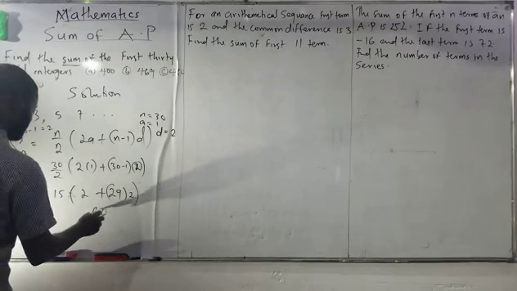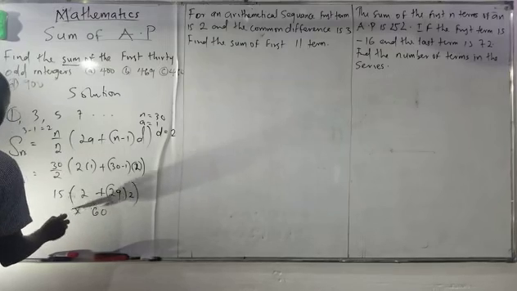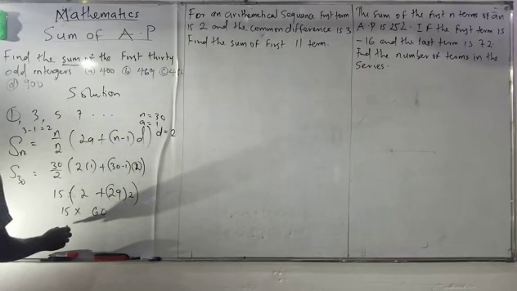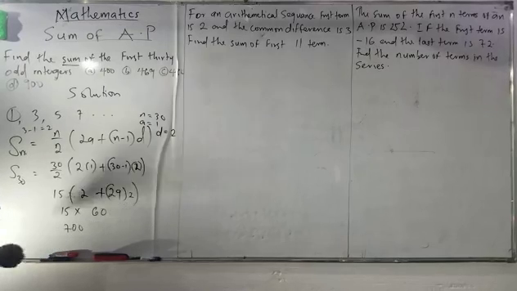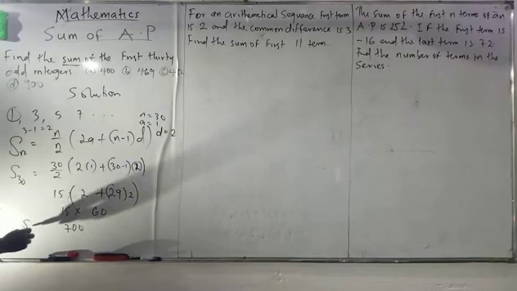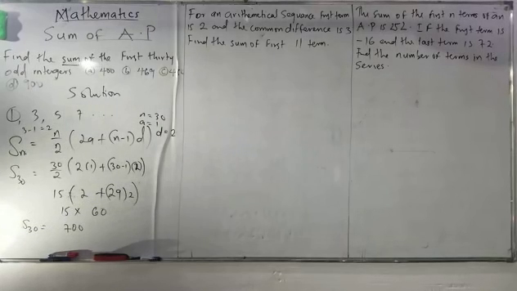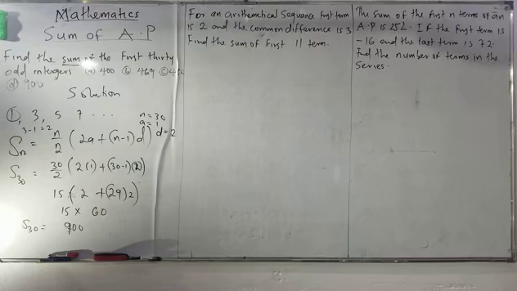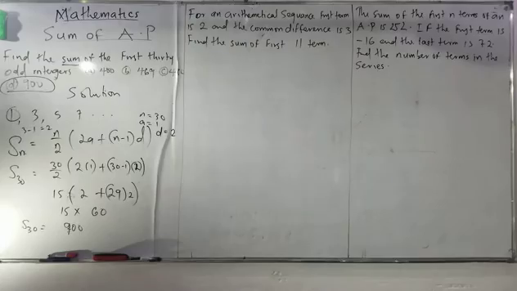That will be 60. 60 multiplied by 15, which gives 900. Sorry, I made a mistake earlier with 700. It will be 900. Now, it means 900 is in option D of this question.